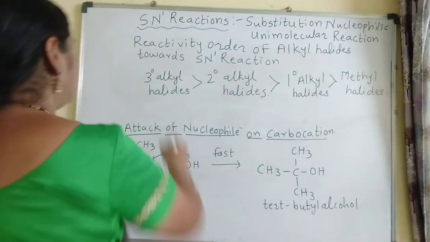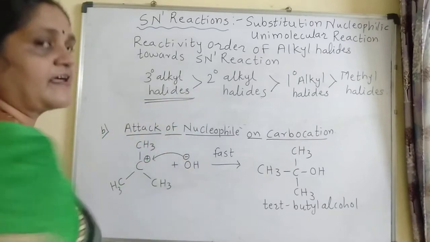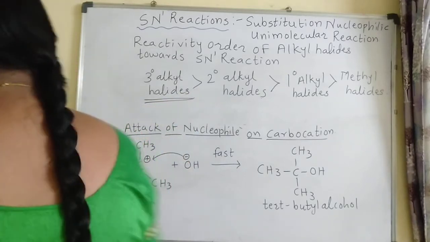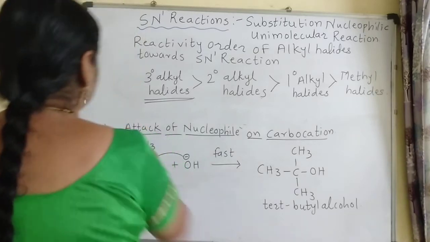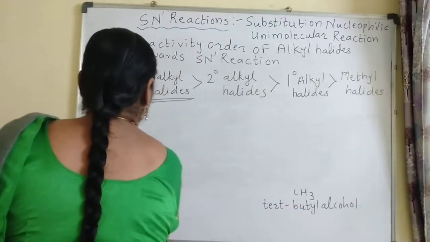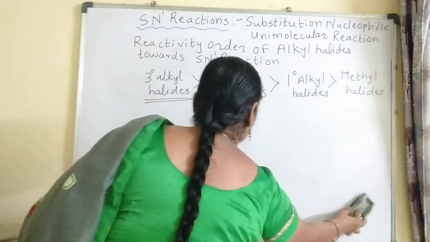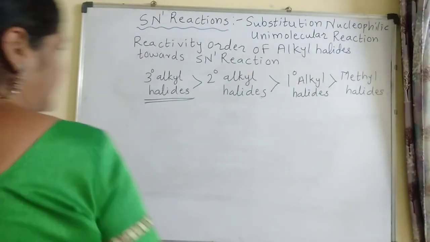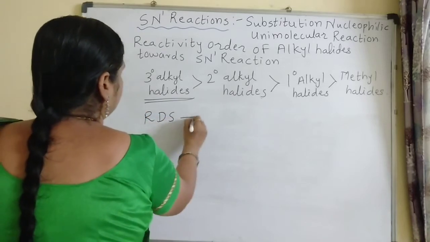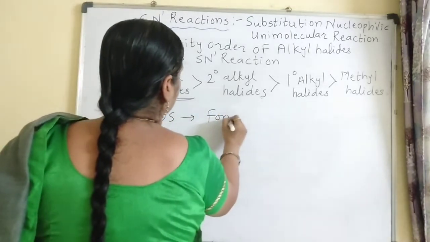Now why these tertiary alkyl halides are most reactive, that we have to see. In this reaction there are two steps, and in these two steps, the rate determining step involves formation of carbocation.